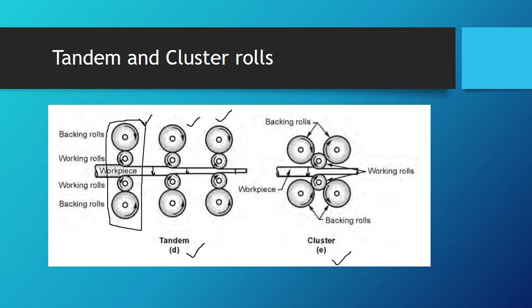So in order to back them, you require additional rollers like this. These two additional rollers at the top and two additional rollers at the bottom will help by applying more pressure, and the working rolls are also of lesser diameter. The details of rolling we will discuss in the next video.